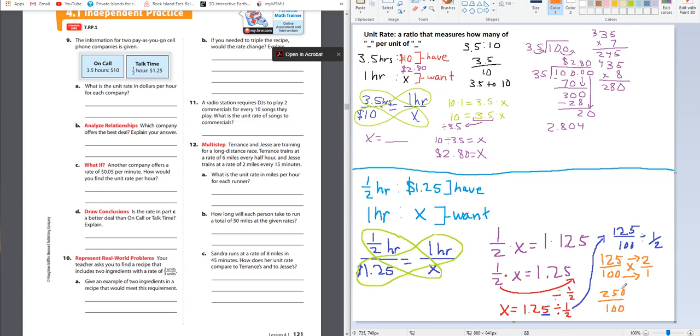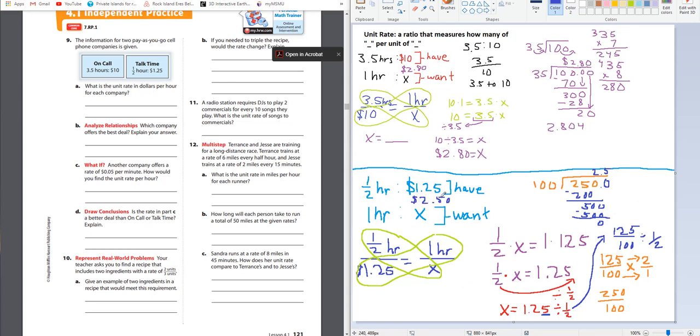If you do the division, 100 goes into 250 twice, that's 200, and it goes into the remaining 50 five tenths. So 2.5.